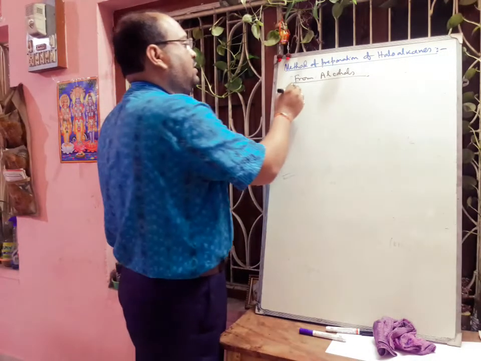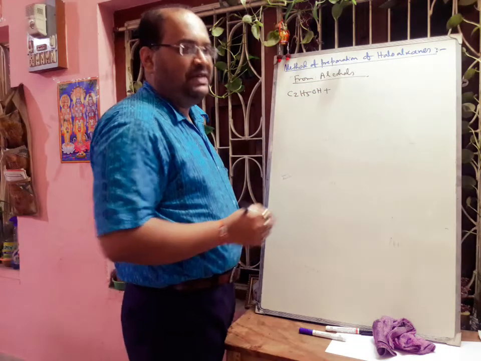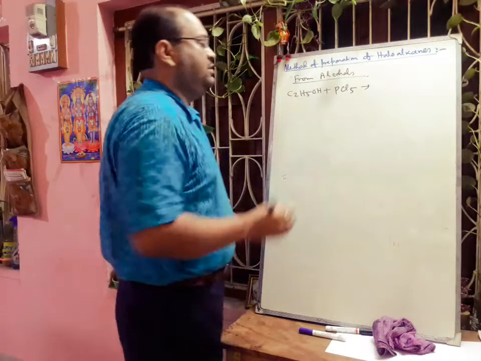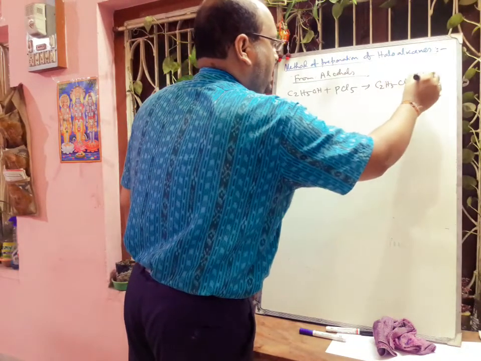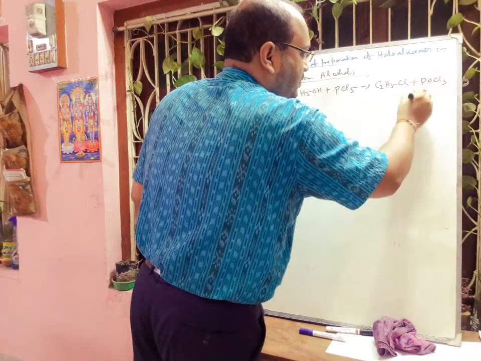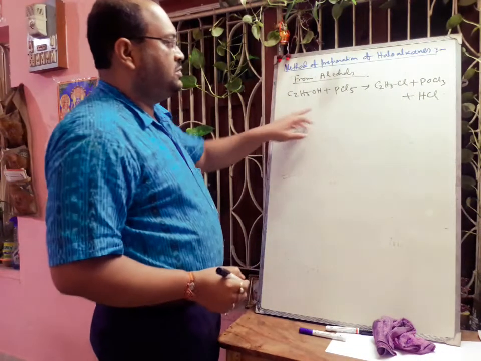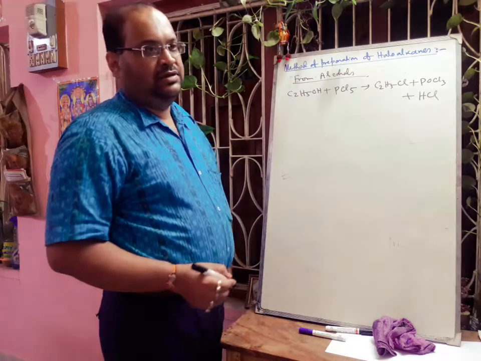If we take any alcohol like C2H5OH, that is ethanol, and add PCl5, phosphorus pentachloride, then we will get C2H5Cl plus POCl3 plus HCl. Here PCl5 is acting as a chlorinating agent.